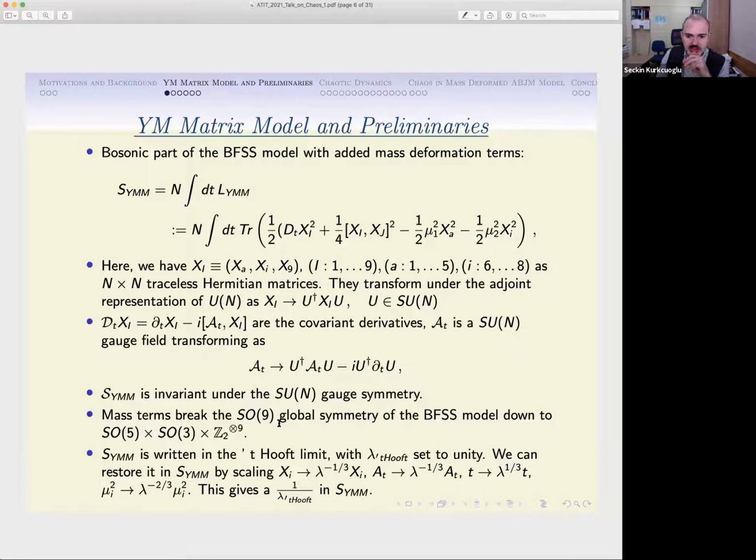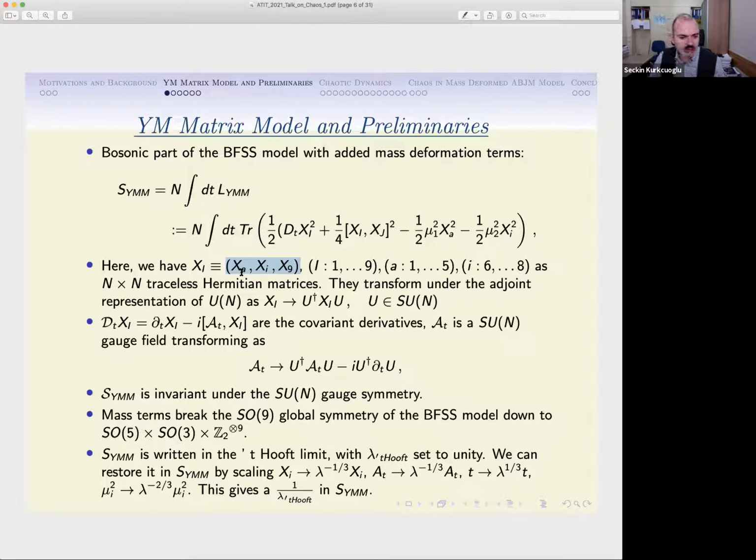So this is the action of the matrix model. So what's going on here? There are these X_I's, X subscript I is defined as follows. I've split it into 3 groups. So there are 9 matrices. All of them are N by N matrices.